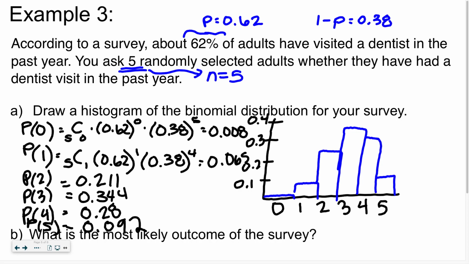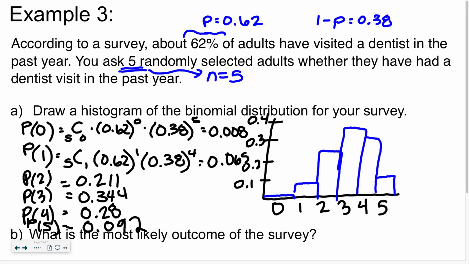Someone looking at that histogram might say it looks symmetric. It is a little bit skewed. We actually say that this one would be skew left, which is the opposite of what I think, but where the tail is is where you say the skew is. But this makes sense that our taller bars are over on the right because remember, more people do actually go to the dentist.